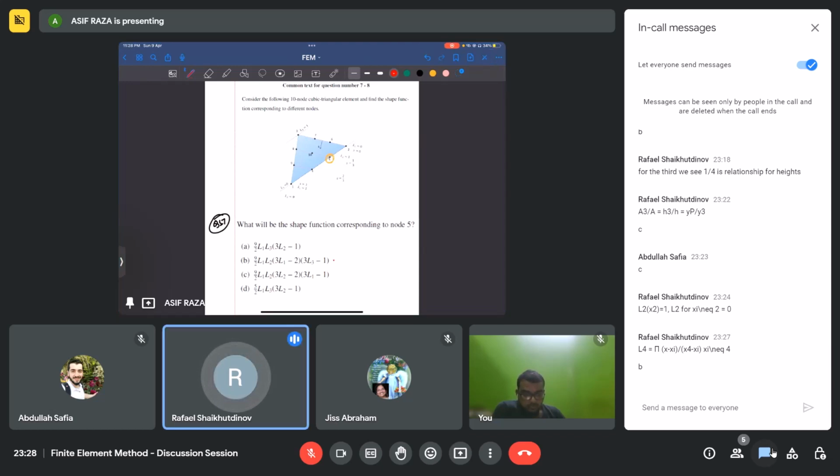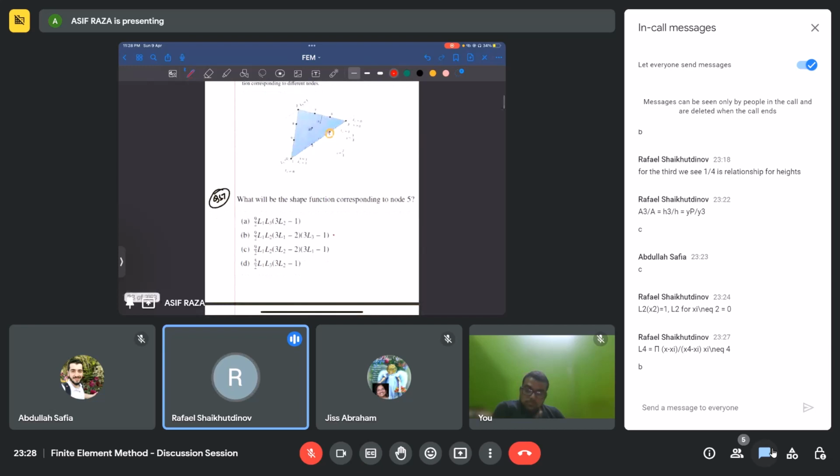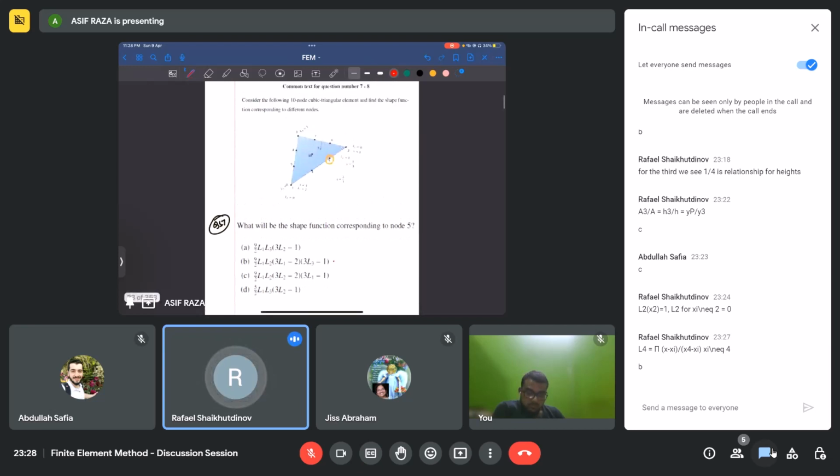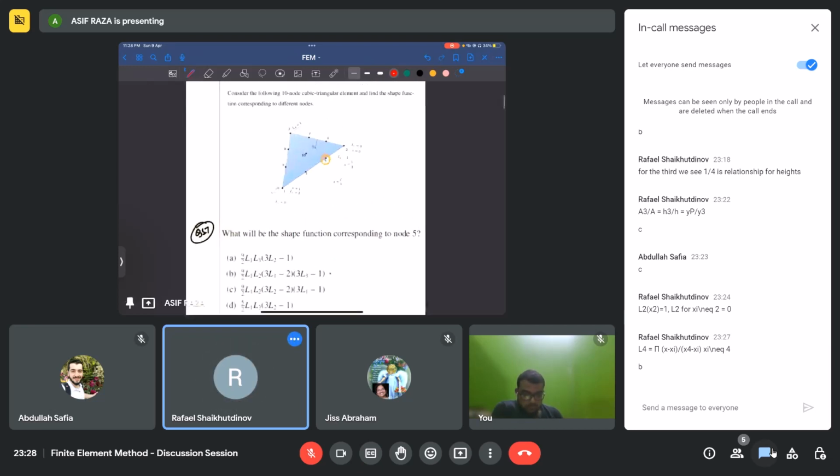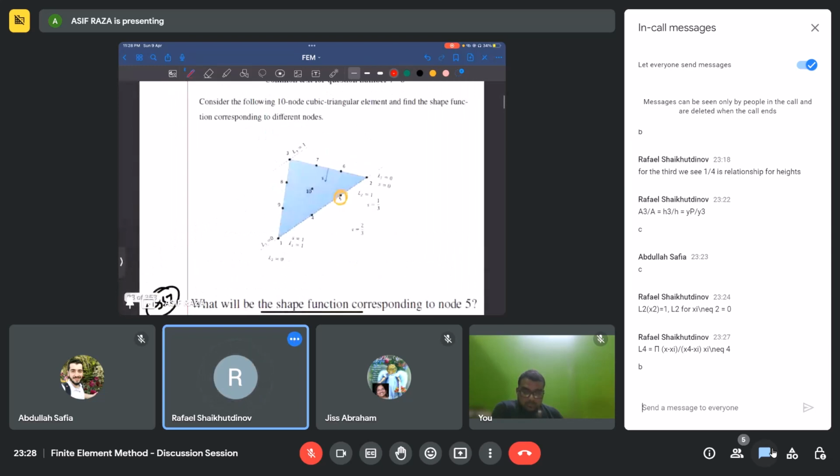For this particular solution, we are choosing the following lines here. Can you zoom in a bit? I don't see the numbers.